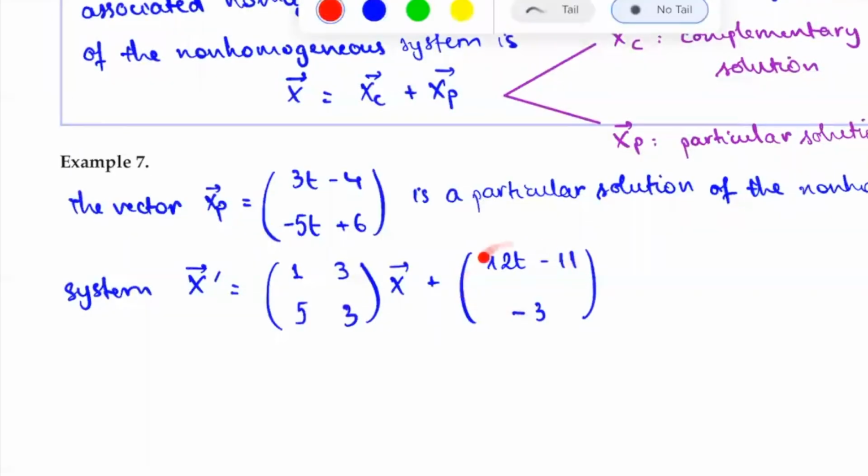Now, if you don't have the non-homogeneous part of the system, then this is the homogeneous system. And for this homogeneous system, you know the solutions. You can go back and look at example 1, example 2, example 4, and example 5.